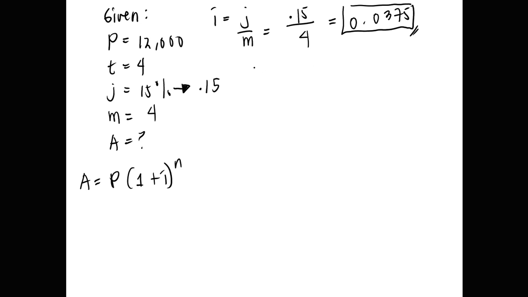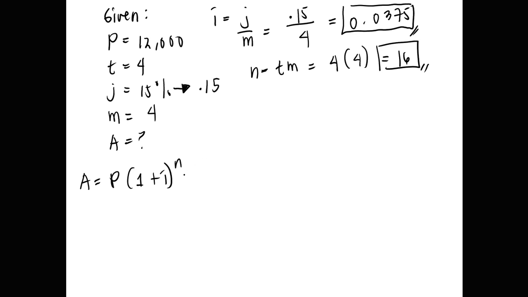Okay, next, we need to solve for N, or the number of conversion of the loan. So, formula is time multiplied by the number of conversion per year. So, T times M. So, given natin sa T, we have 4 times M, we have also 4. 4 times 4, we have 16. Okay. So, nakuha na natin si I, nakuha natin si N.